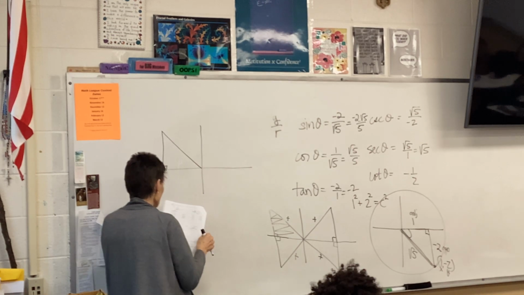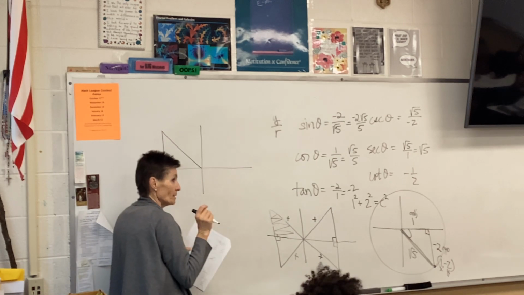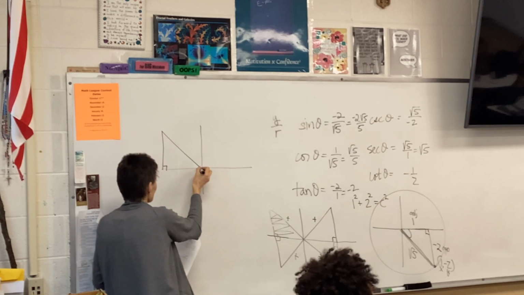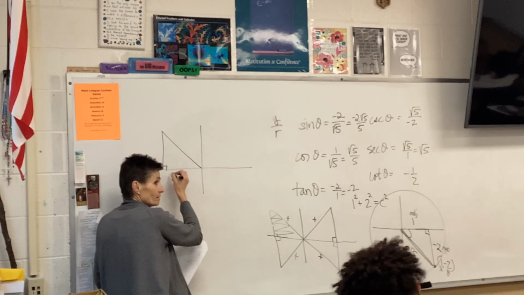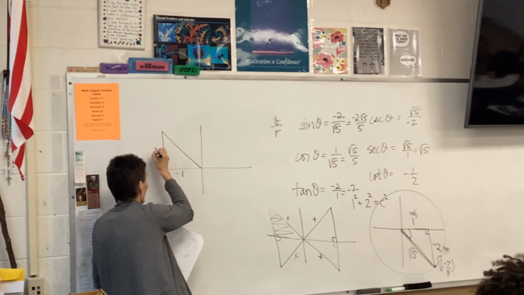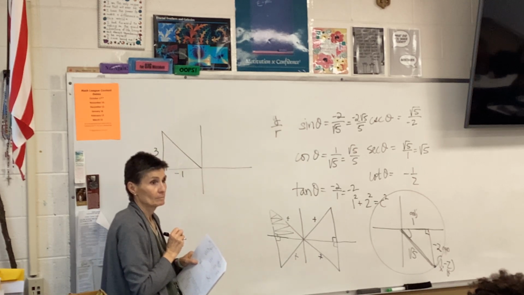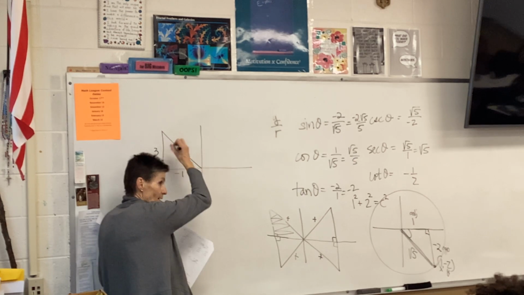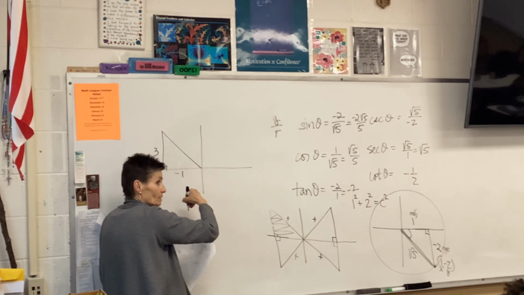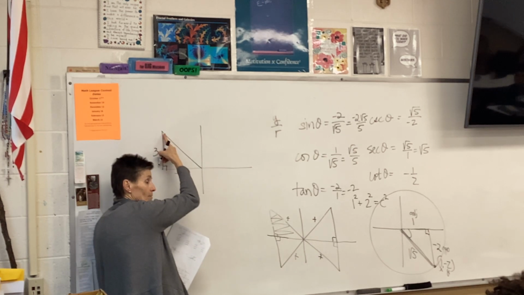And the point is (-1, 3), which means x is -1 and y is 3. Remember, x is sideways, y is up and down. So -1, +3.